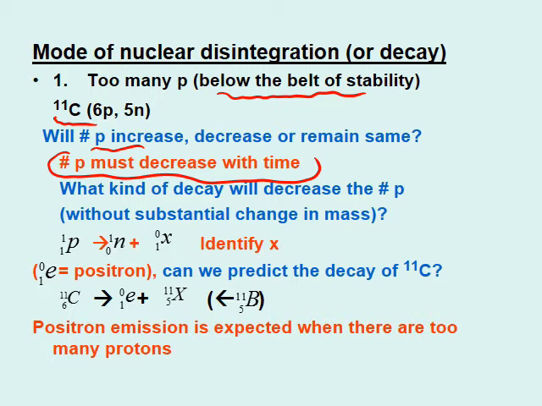Then we need to think about what kind of particle would come out so that the number of protons decreases without any big change in mass. We know that in the nucleus there are 2 particles having almost the same mass, which are proton and neutron. So when a proton needs to be changed, you can always assume that it's changed to a neutron.